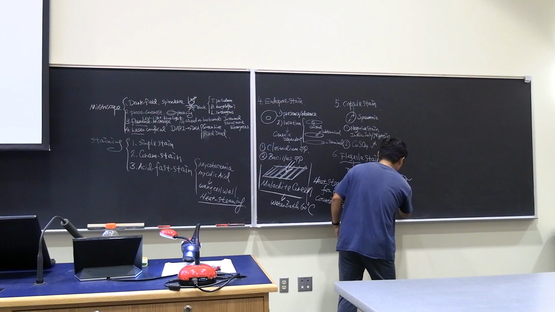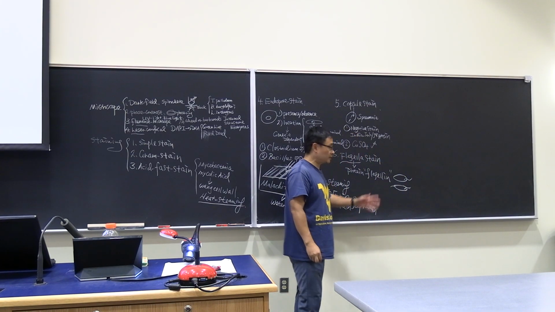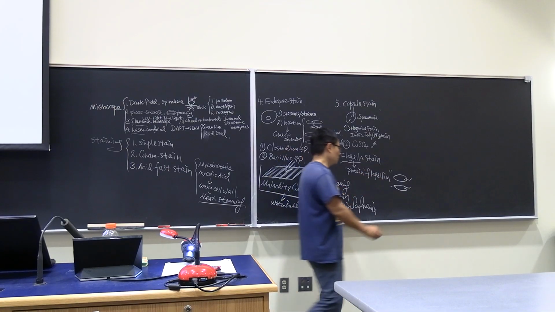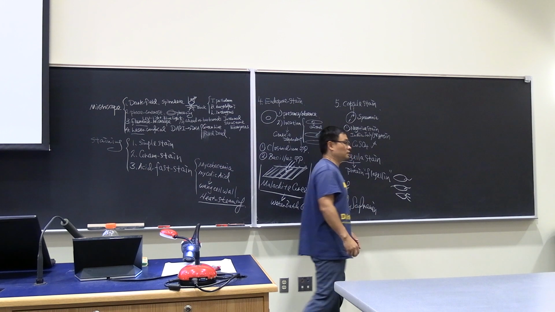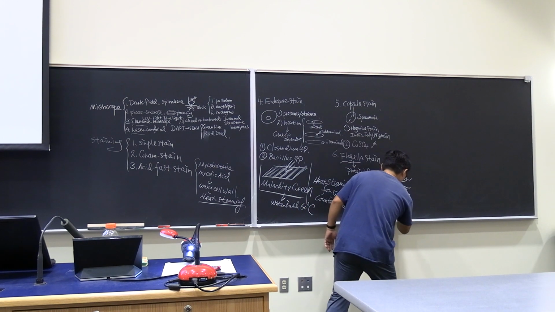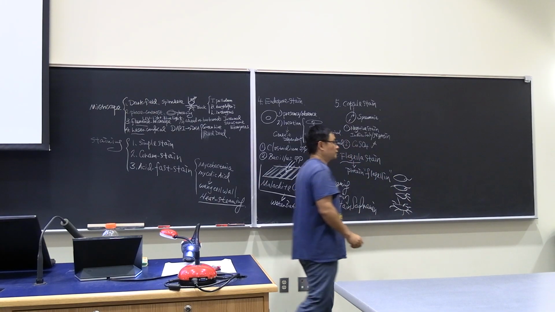It also could be on the side, like this. That's called amphitrichous. Or it could be everything on one side, called lophotrichous. Or the bacteria could be covered all over, that's called peritrichous.